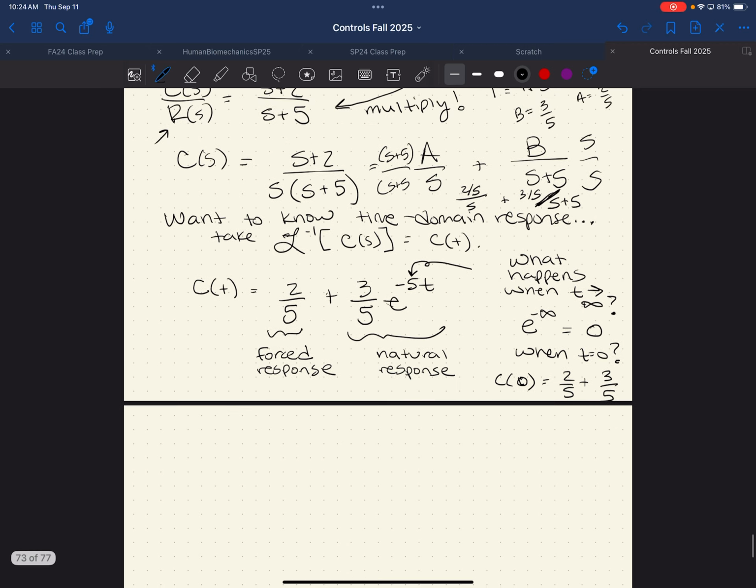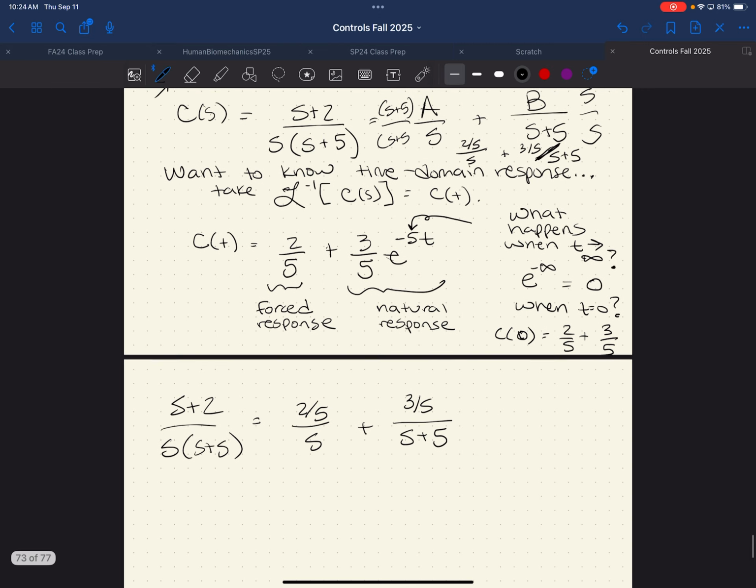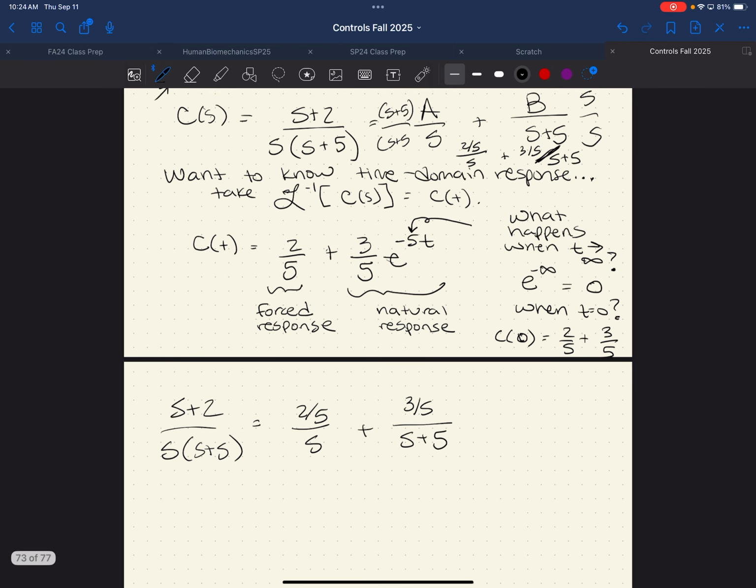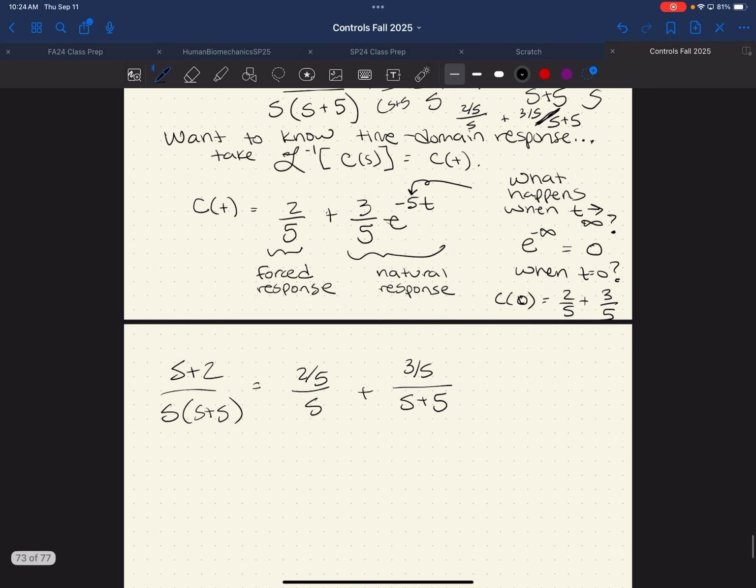Okay, so let's see. I'm just gonna give us a little more space. We have 2/5 over s plus 3/5 over s plus 5. So 1 over s is, of course, 2/5 times u of t.